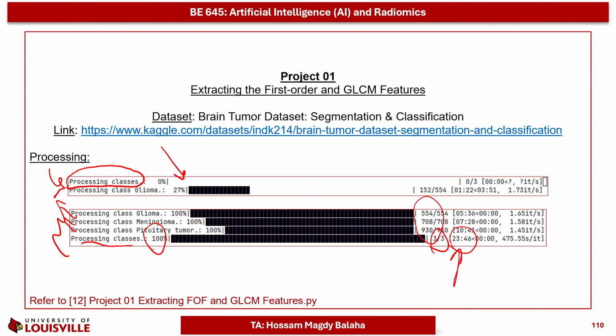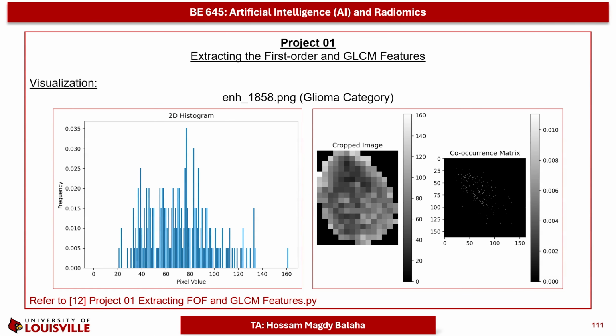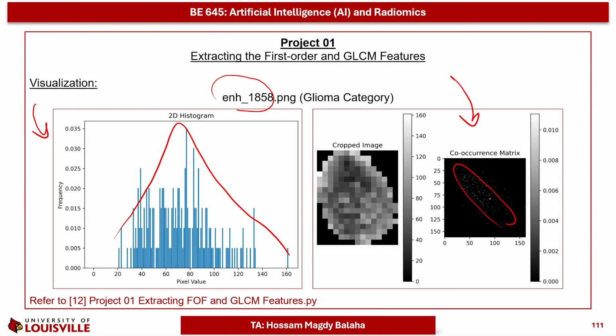In the visualizations folder, you will find for each image, for example this image, the corresponding histogram and the corresponding co-matrix, and simply using these 2 images and other images from different categories, for example, you pick an image from glioma and another image from a second class, for example meningioma, you can compare both of them together using the features, or simply compare the histogram or the co-matrix of both of them.